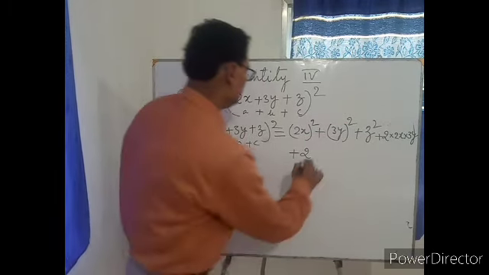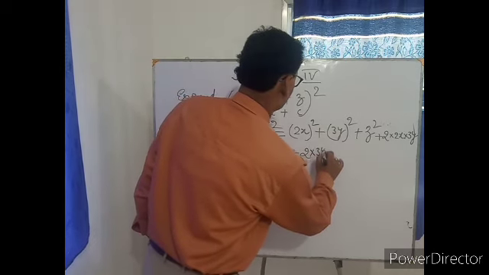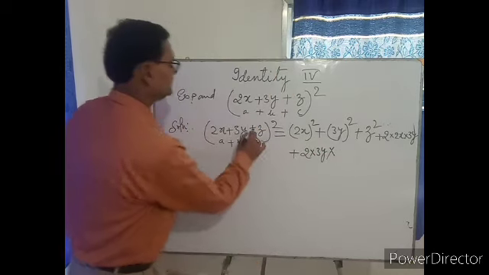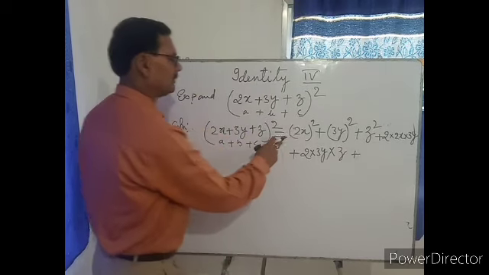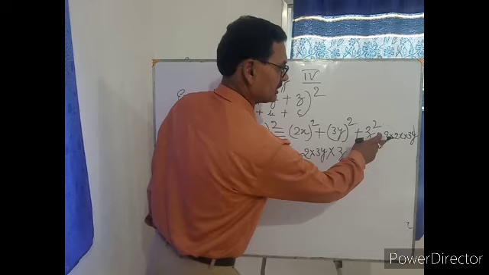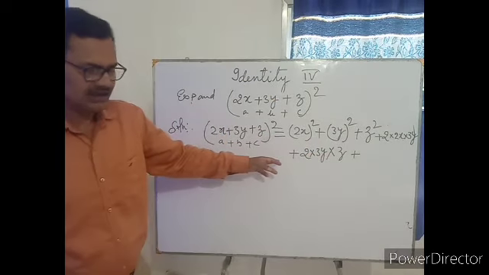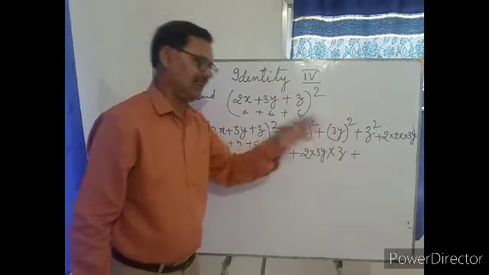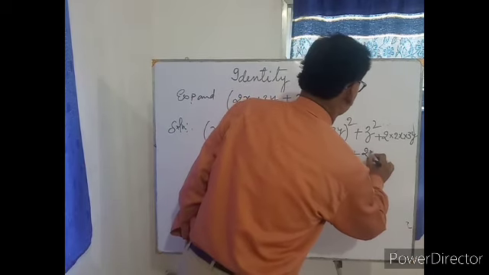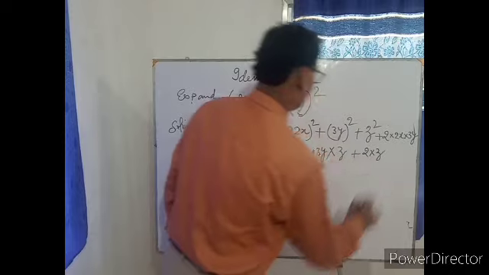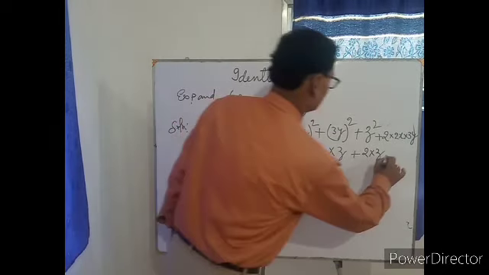What is b? b is 3y. And what is c? c is z. Plus 2ca. 2 into what is c? c is equal to z and a is equal to 2x.